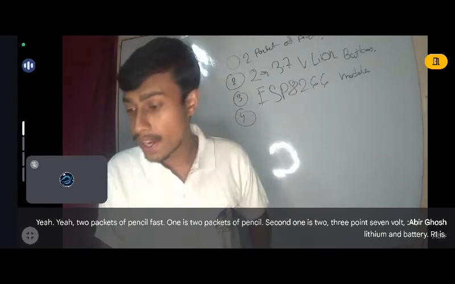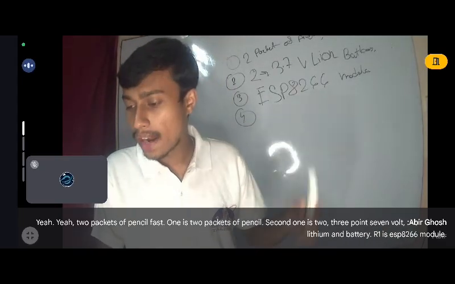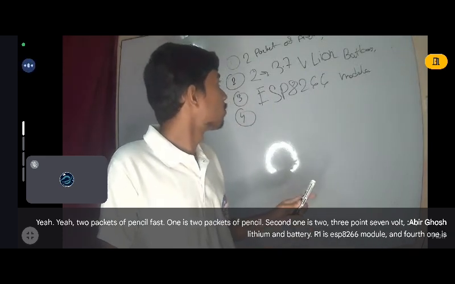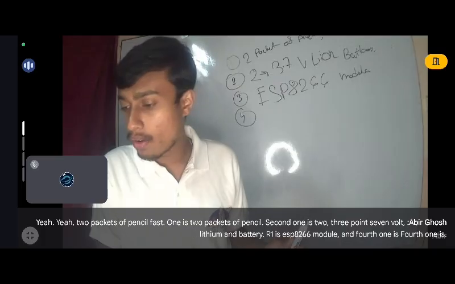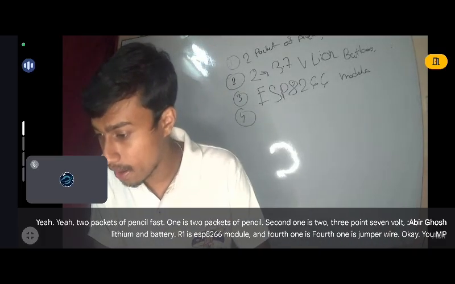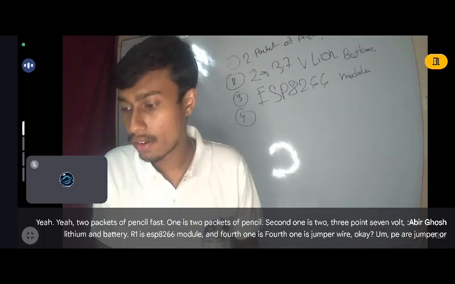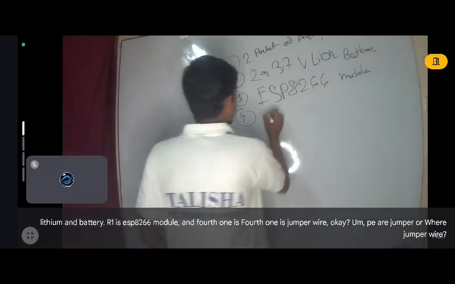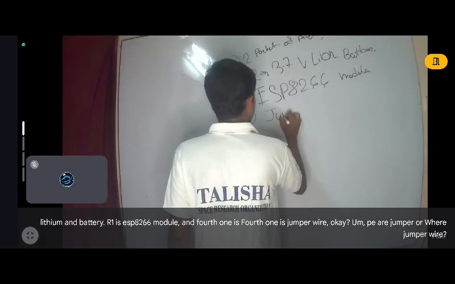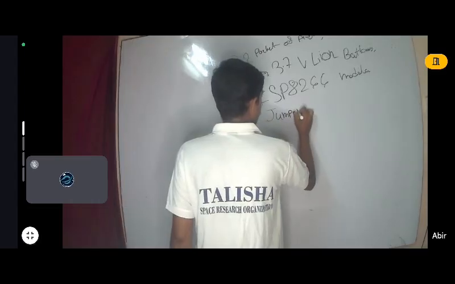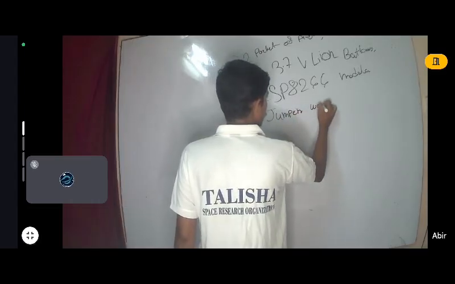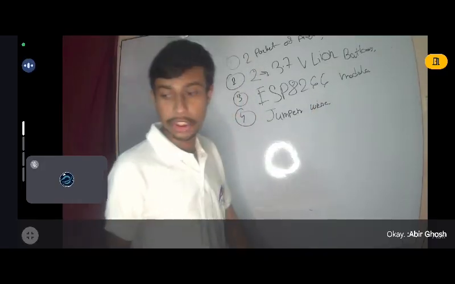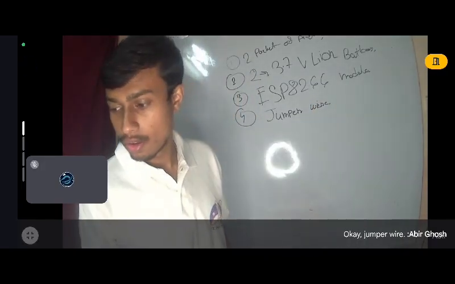Third one is ESP8266 module, and fourth one is jumper wire.